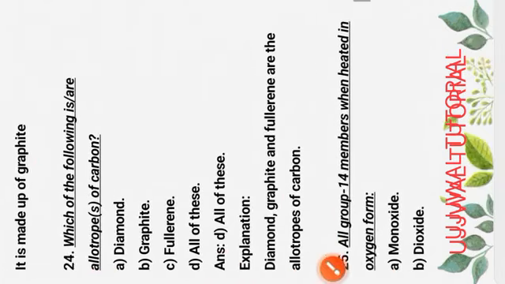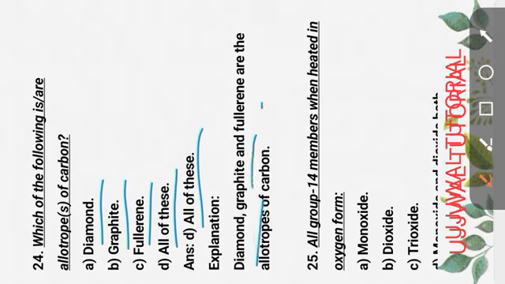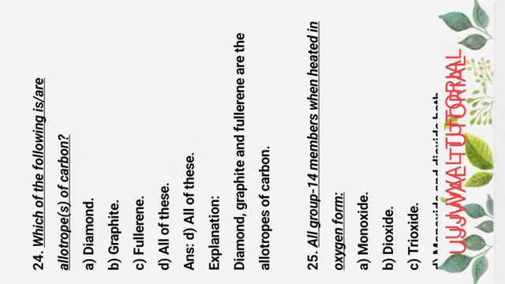Next question, question number 24. Which of the following is or are allotropes of carbon? Diamond, graphite, fullerene, all of these. Option D, all of these. Diamond, graphite, and fullerene are the allotropes of carbon.